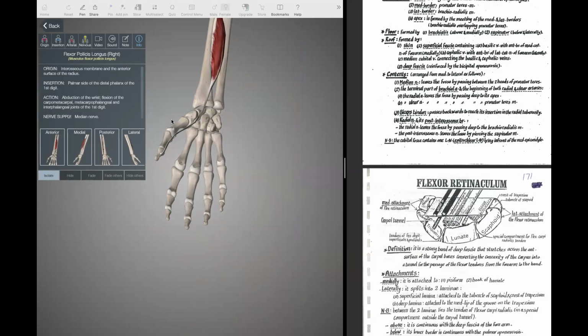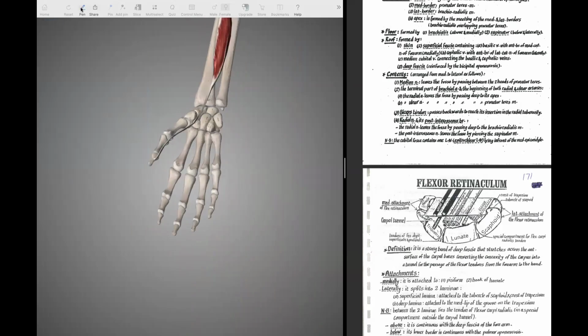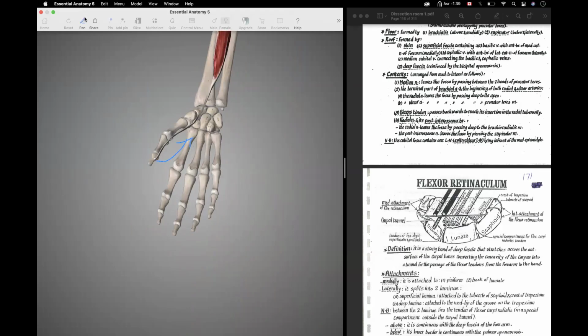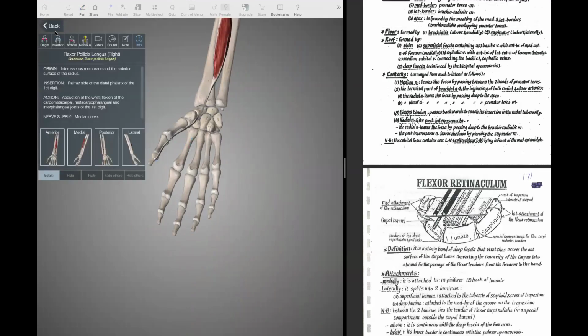These are all actions, but just know it flexes the thumb this way, okay? Flexor pollicis longus. Innervated by median nerve.